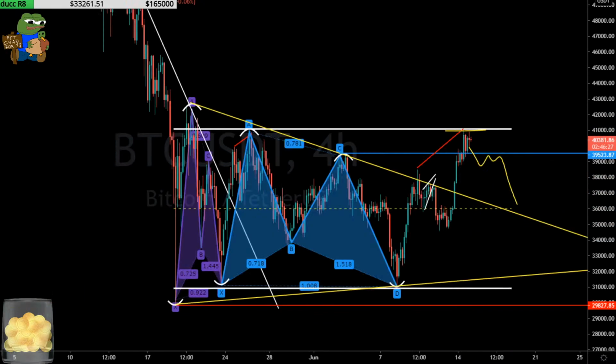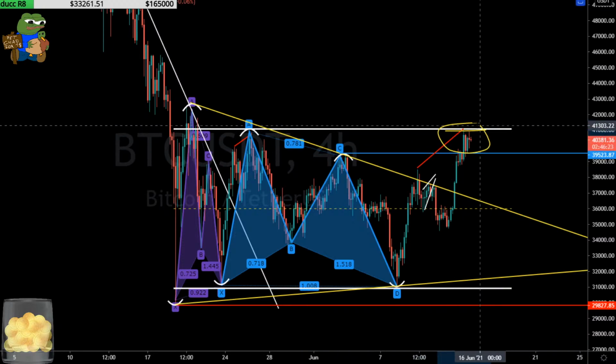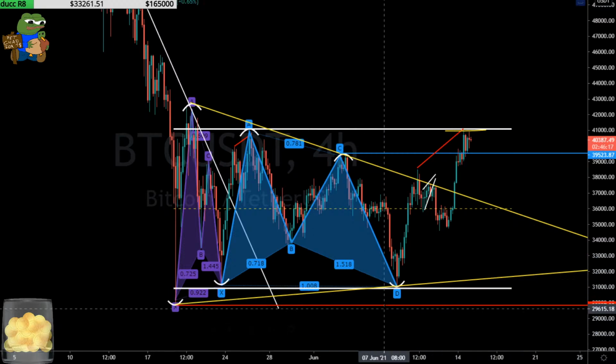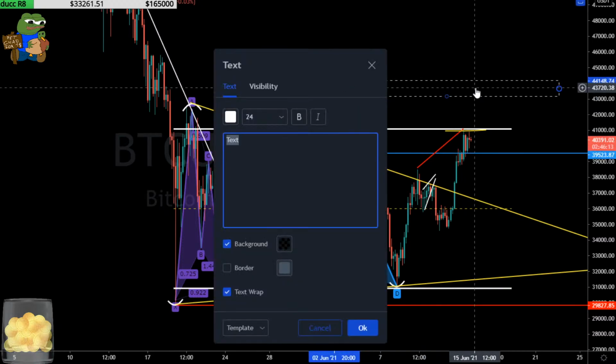Critical area is right where we are, okay? This zone between 41 and 39.5, that's your deciding point. Above 41,000, long your longs.